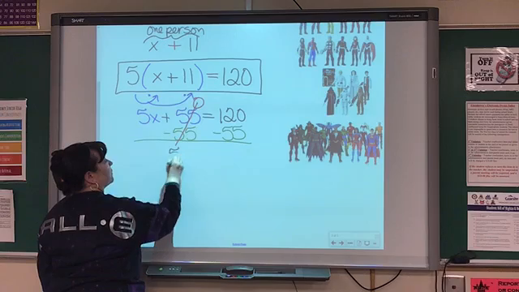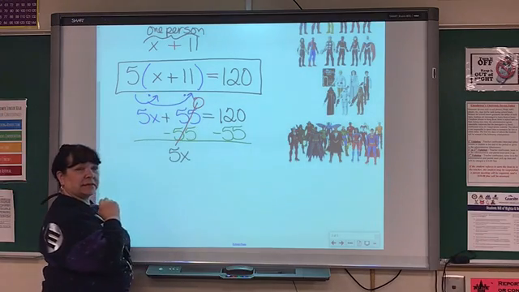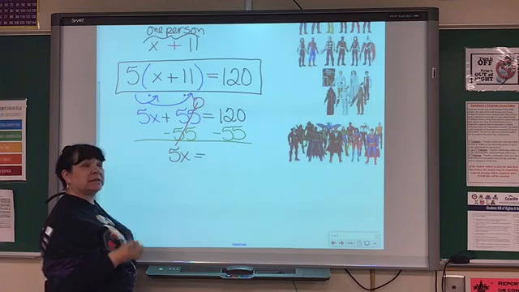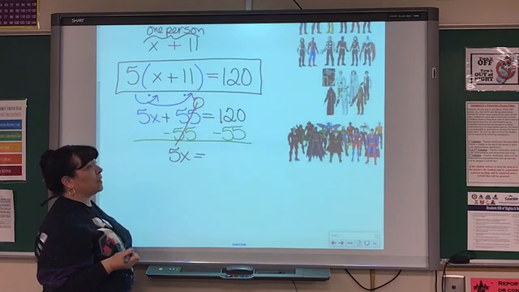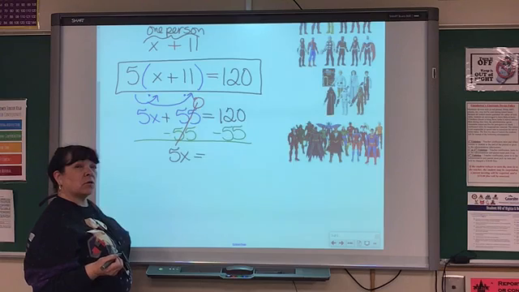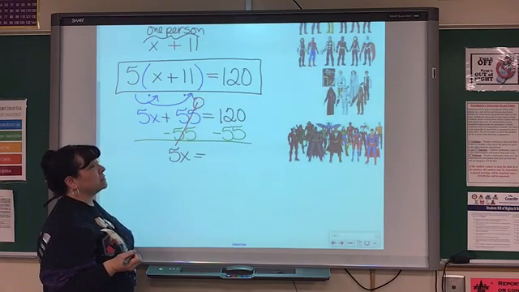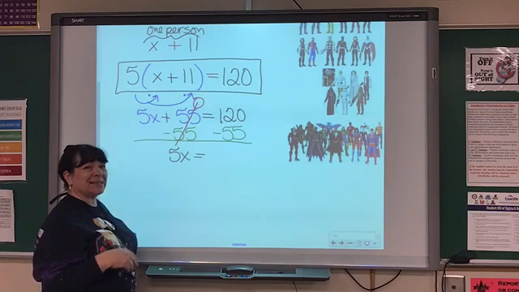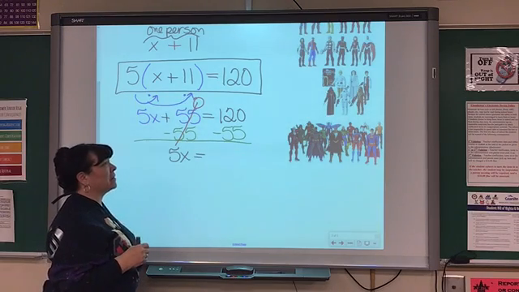That leaves me with 5x because of the identity property of addition, and it's going to be equal to the difference of 120 and 55. So 120 decreased by 55. Now I know some of you can do that in your heads, some of you may use a calculator.